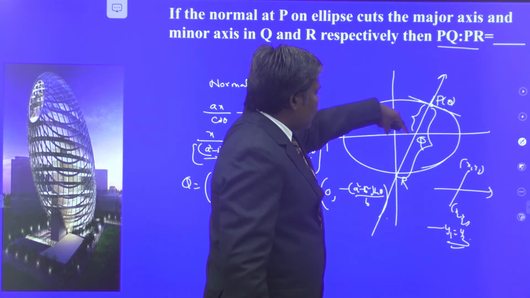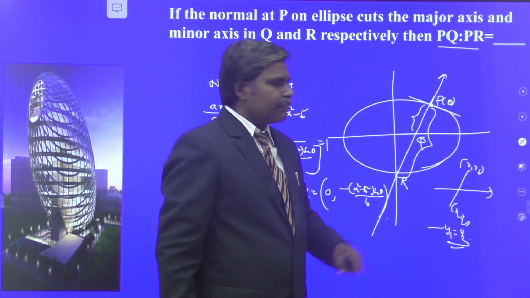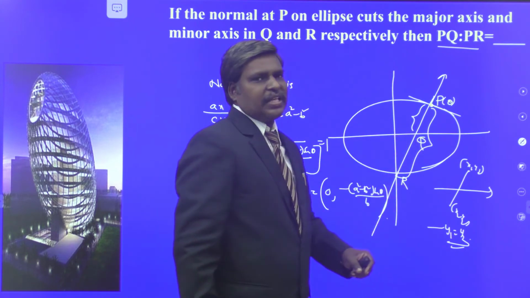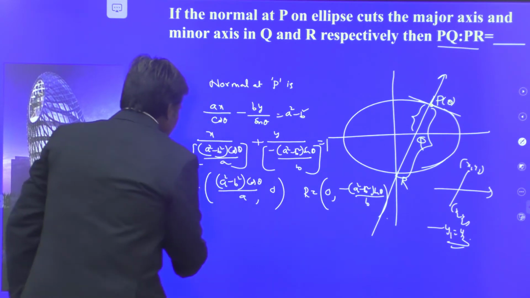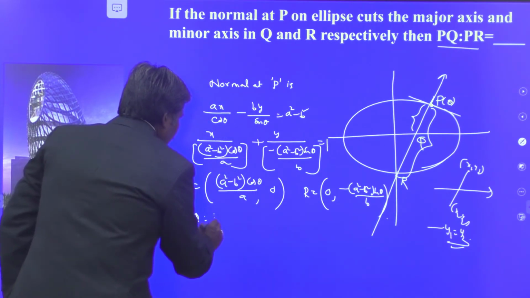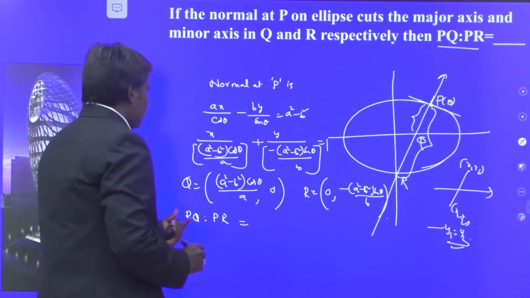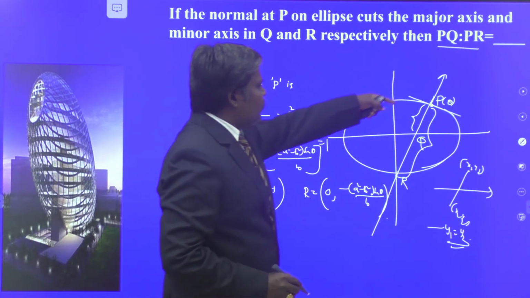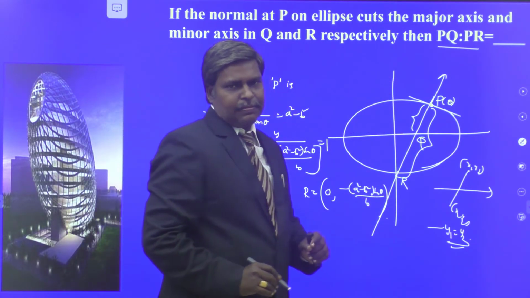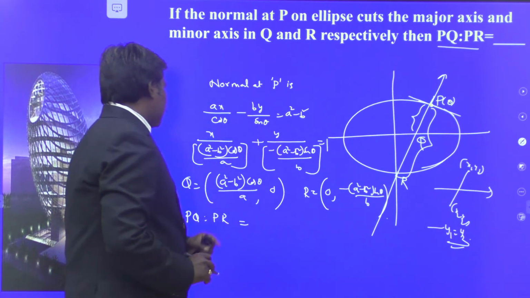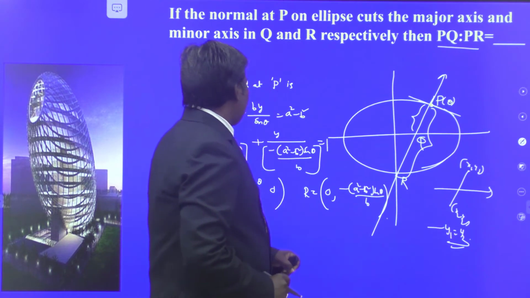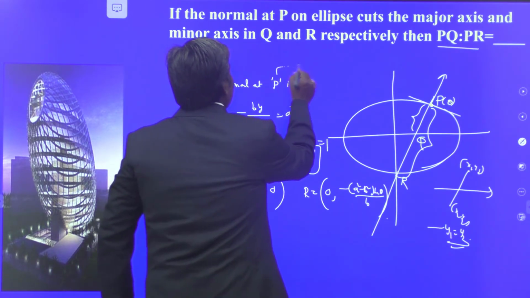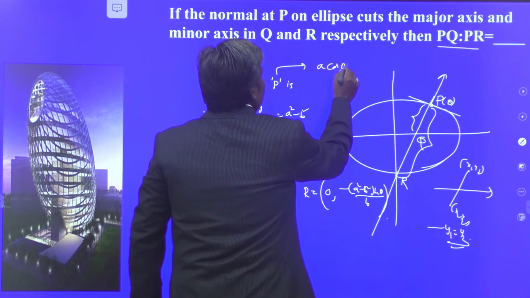So, can you write PQ is to QR? This is the point of intersection with the x-axis. First we find PQ is to QR, and then we can find PQ is to PR. PQ is to QR is equal to minus y1 is to y2. What are the coordinates of P? A cos theta, B sin theta.